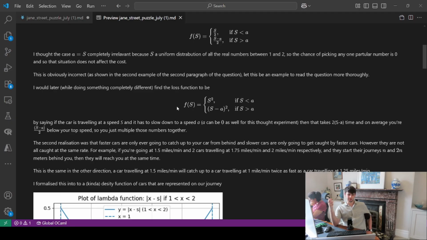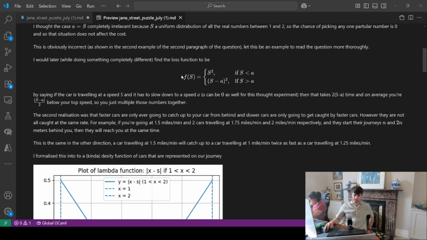And on average, you're losing s minus a over 2 in speed, because that's how far you're below your max speed during your slowdown and speed up periods. And that's basically how I came up with this equation here.